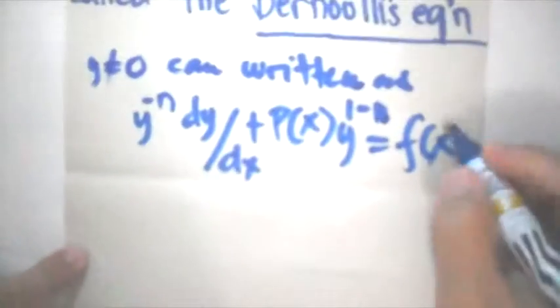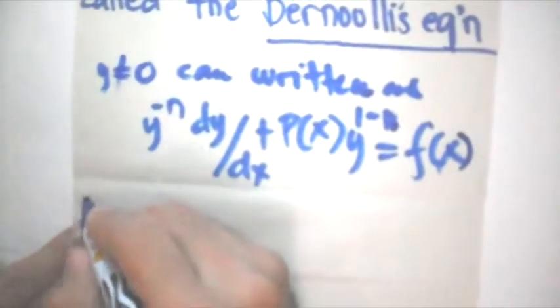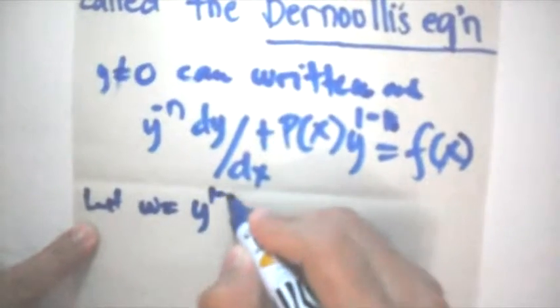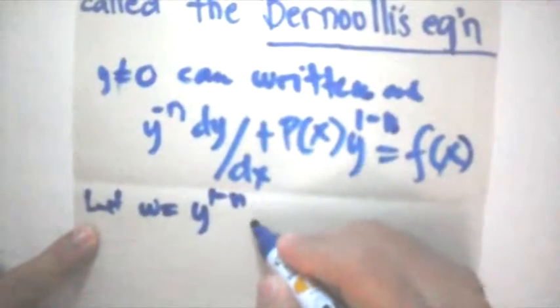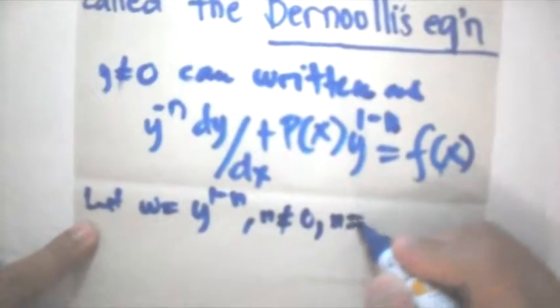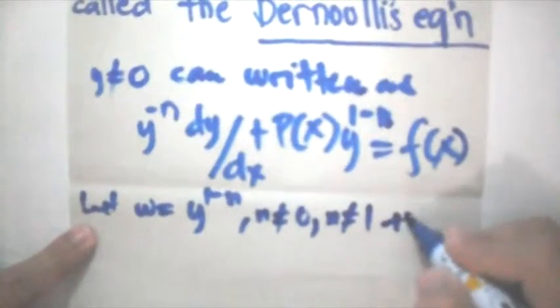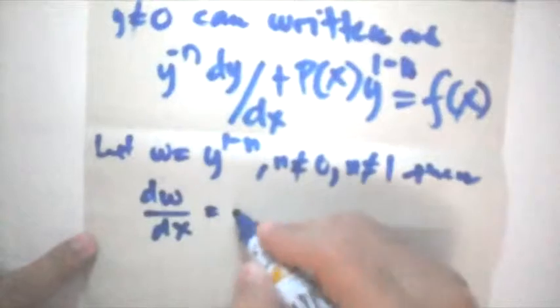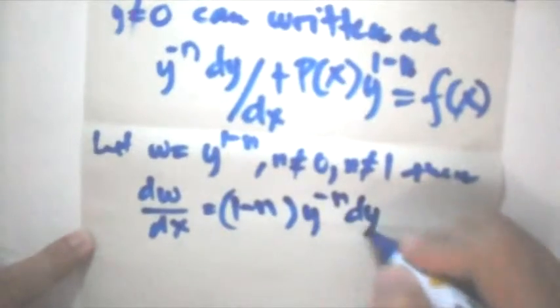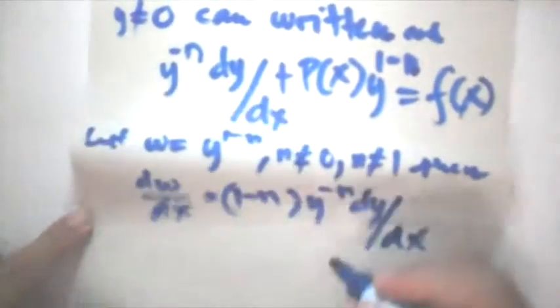So this equation, if we let w is equal to y to the 1 minus n, where n is not equal to 0 and n is not equal to 1, then dw/dx is equal to 1 minus n, y to the negative n, dy/dx.